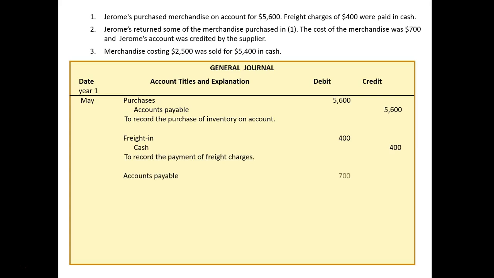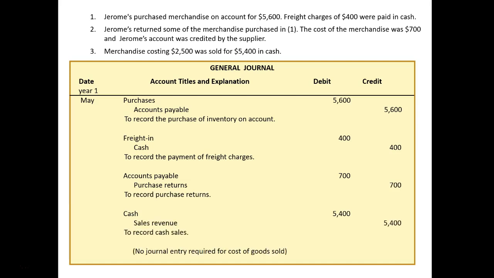Then returning the products, we debit our payable, but look at this. We're not going to credit purchases, we're crediting purchase returns. Then last, we're going to show our cash and we're going to show our sales revenue. We do not show any journal entry showing the cost of goods sold under the periodic method.